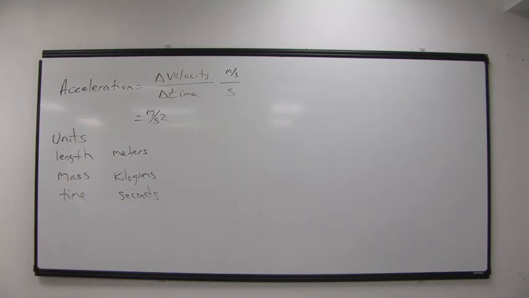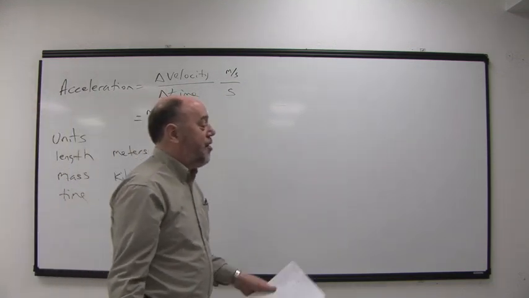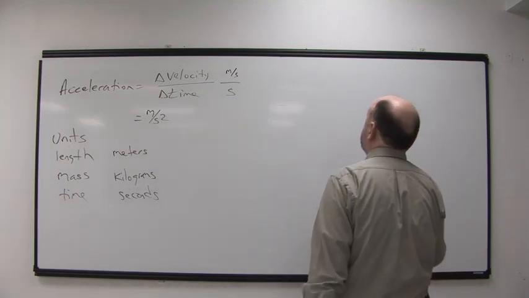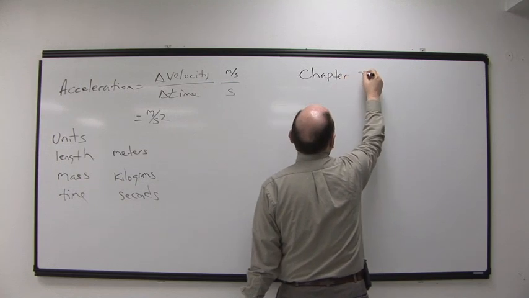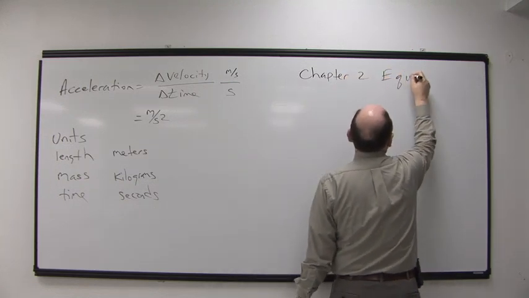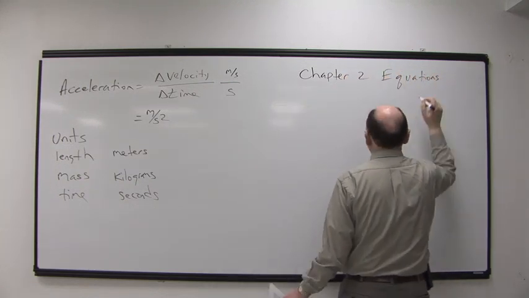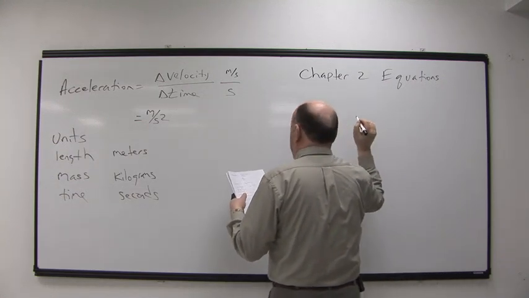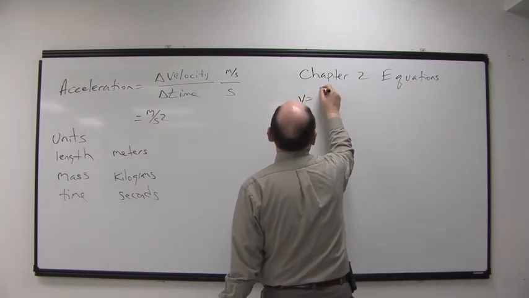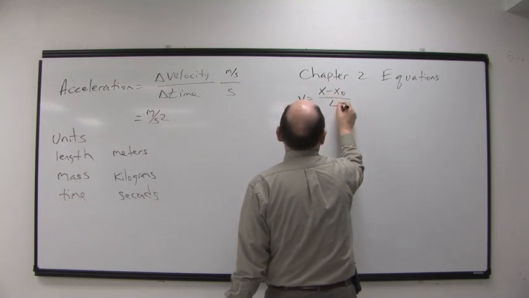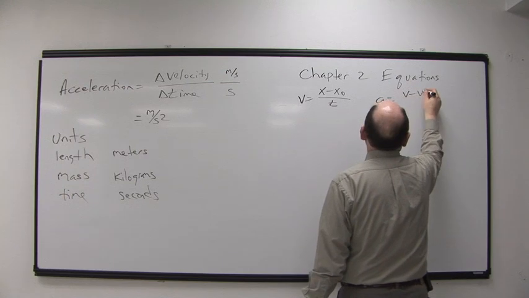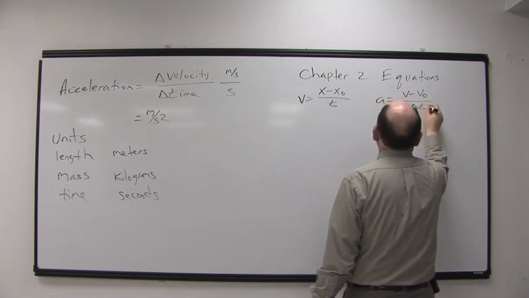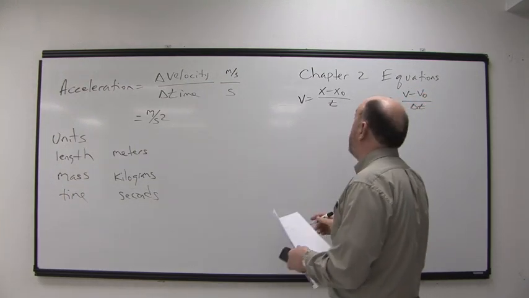Well, in the chapter, you really then deal with these equations that let us figure out what's going on with an object that is moving. And so you get this set of equations dealing with the motion of an object. We have the one we had up earlier, v equals x minus x naught over t. a, which is the change in velocity over the change in time.